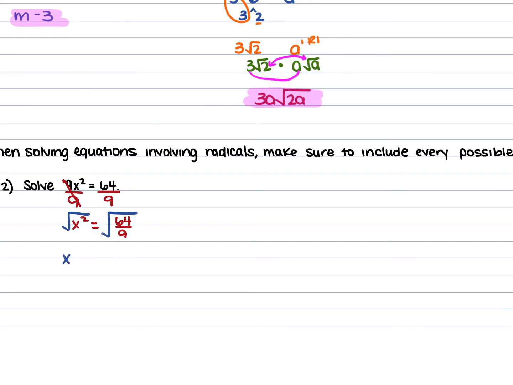Remember, when you take the square root of both sides, you want that plus or minus in front of your answer, and you're taking the square root of the numerator over the square root of the denominator. The square root of that numerator is 8. The square root of the 9 is 3. So we have x is equal to plus or minus 8 over 3.